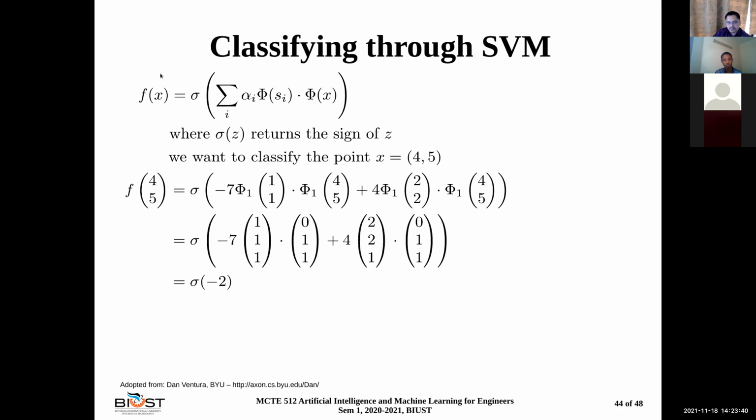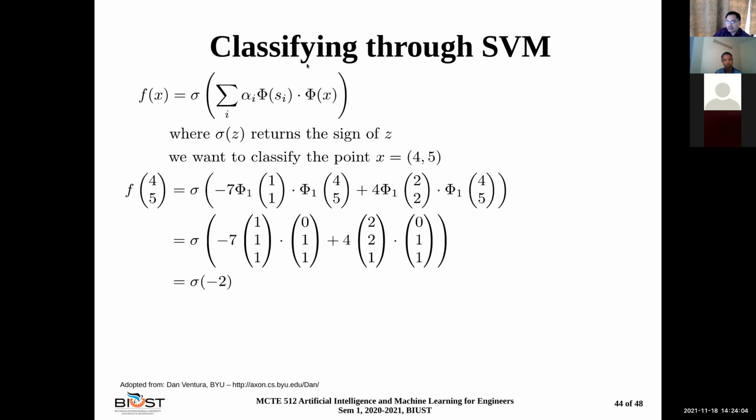So the f of x classification is of this form, where you transform your input x into the feature space, multiplied by the transformation of the support vector into the feature space, and then multiplied by the alpha that we computed in the feature space as well.